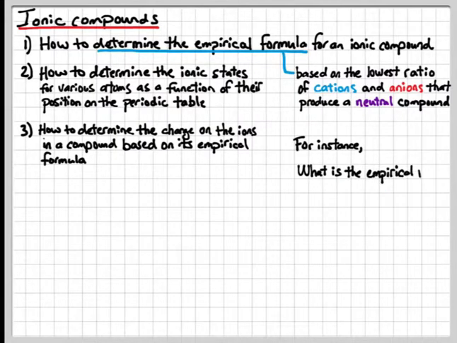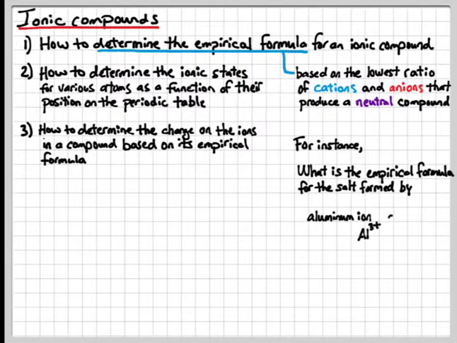Another example, what is the empirical formula for the salt formed by aluminum, which is a 3+ ion, and chloride, which is a 1- ion. So aluminum cation, chloride anion, cross.